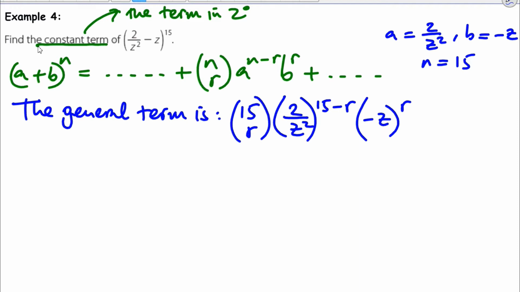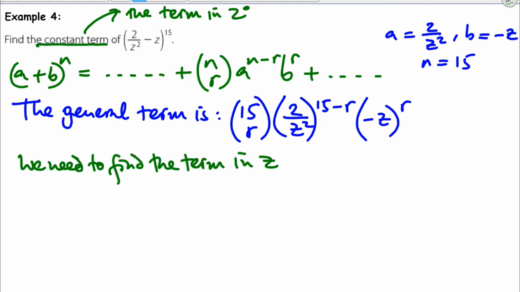So we need to find the term in z to power 0. So the combined powers of z is 0.